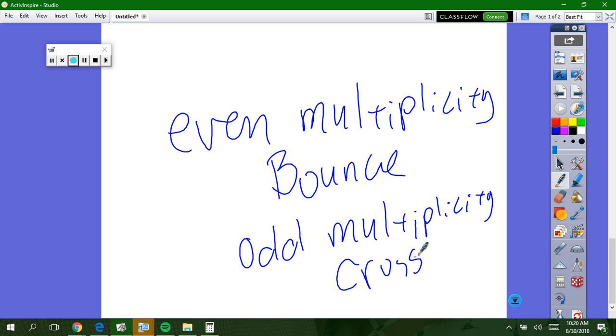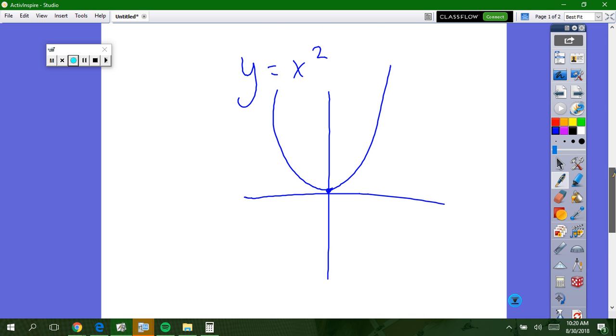This is the big idea of the day. Okay, let's come back up to that x cubed graph. That's the x squared; notice it's bouncing, meaning it came down, touched the 0, and bounced right back up.